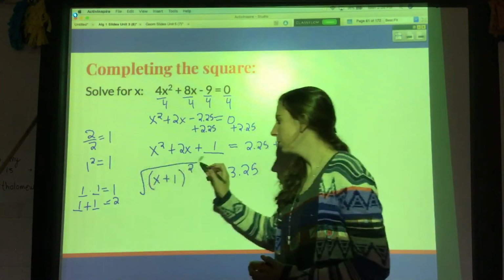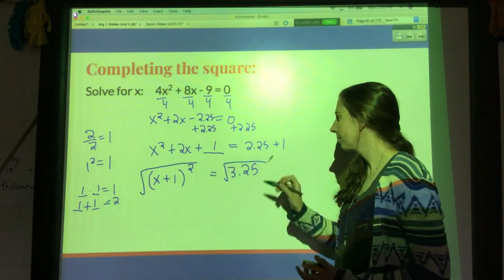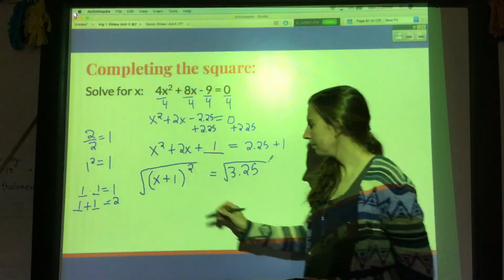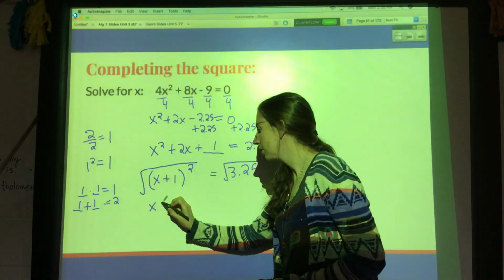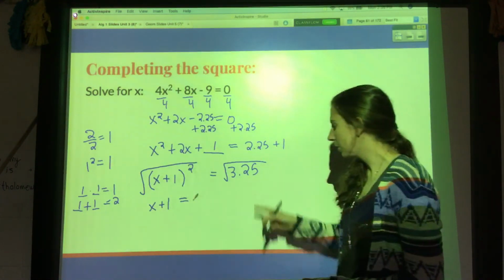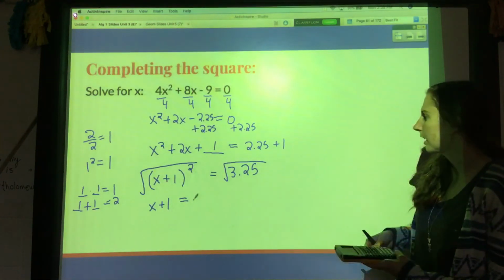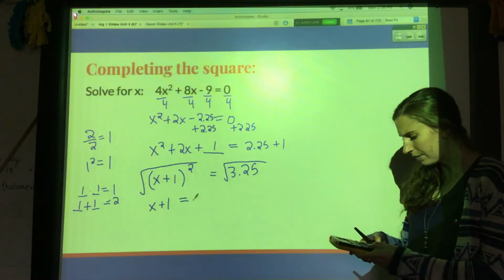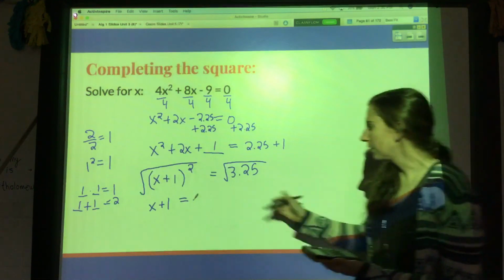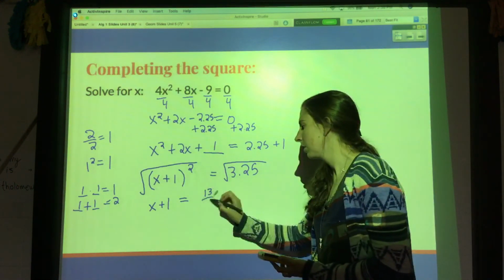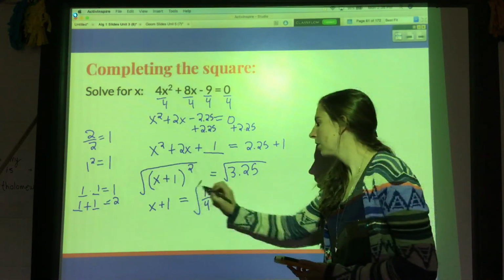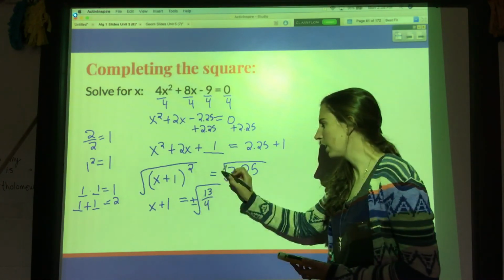So square root to get rid of the squared. So x plus 1 equals the square root of this. I probably should have left that as a fraction. 3.25 as a fraction is 13/4. Don't forget plus and minus as well.